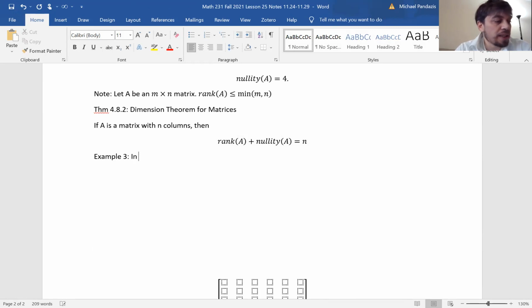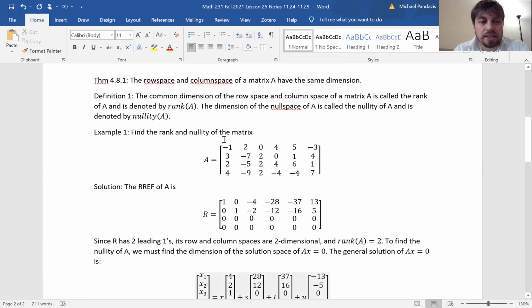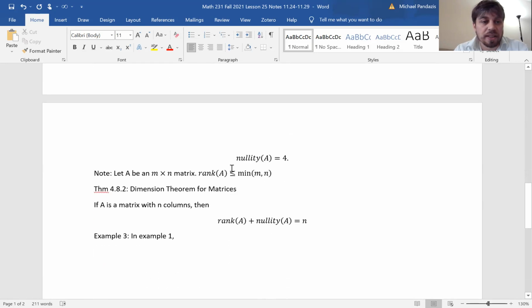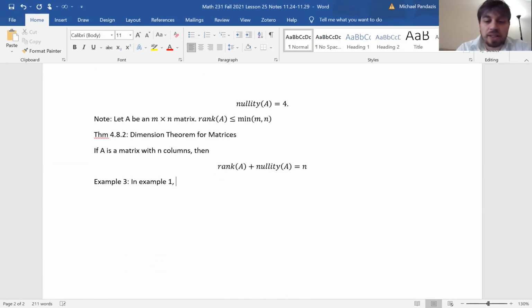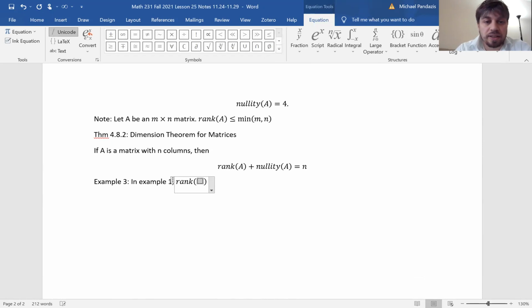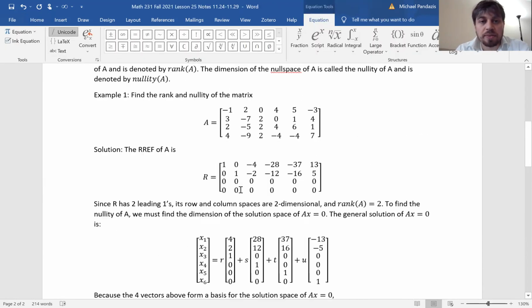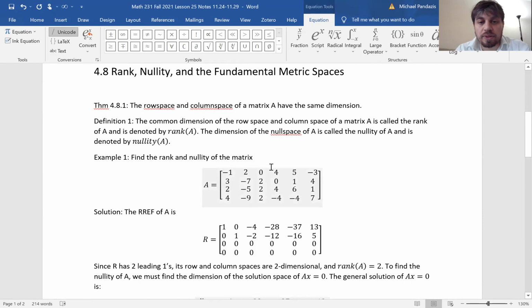Example 3, in Example 1 where we found the rank and nullity of A. In Example 1, the rank of A we found is equal to 2. The nullity of A we found was equal to 4. And n, the number of columns of A, is 1, 2, 3, 4, 5, 6.